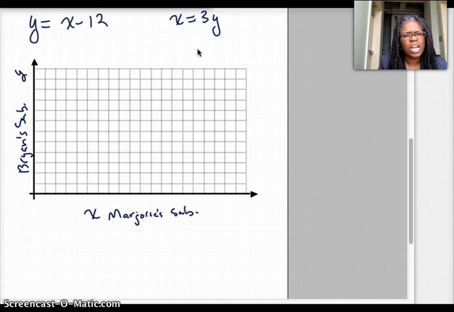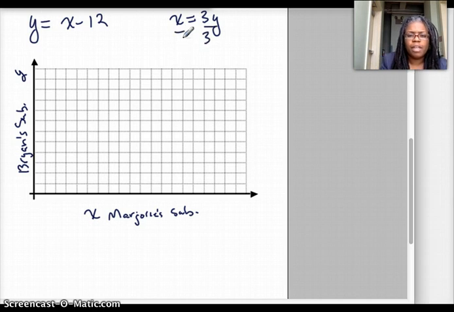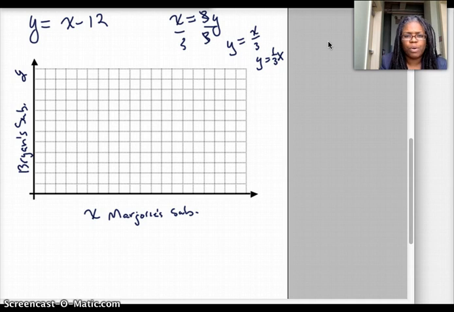I hope that this feels uncomfortable for you. Not that I hope that it does, but I hope you know that we can relieve that discomfort by simply solving for Y. The reason we would do that is so we have it in Y equals mx plus b form. So I have Y equals x over 3, which can be written as Y equals 1/3 x, and I guess plus 0 if we need to.